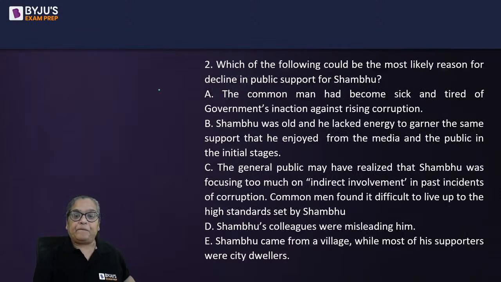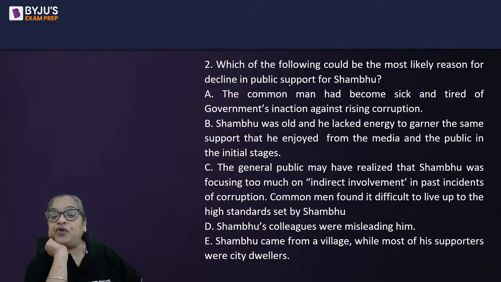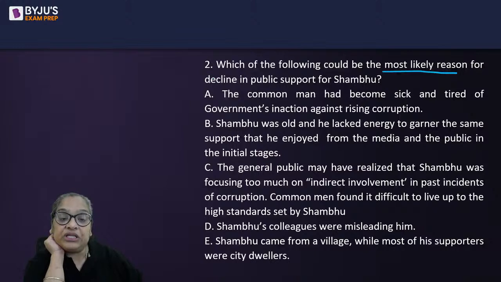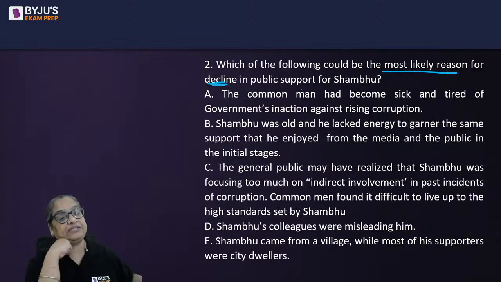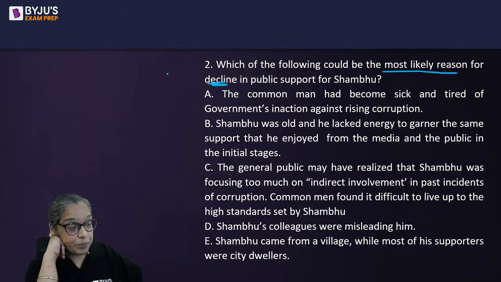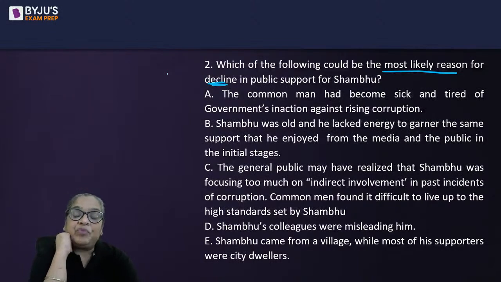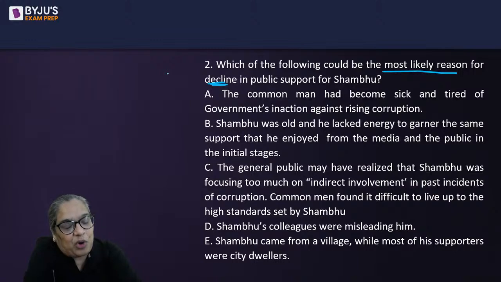Correct. All right. Which of the following could be the most likely reason for the decline in public support? First time there was a lot of support. Second time, when the government did not keep its promise, Shambhu wanted to go on another protest. But this time he figured he was not getting much support.